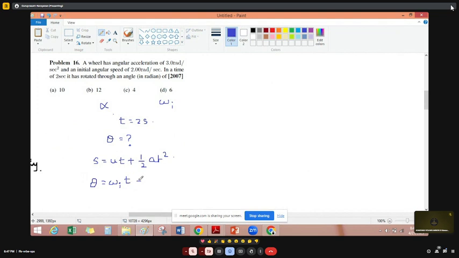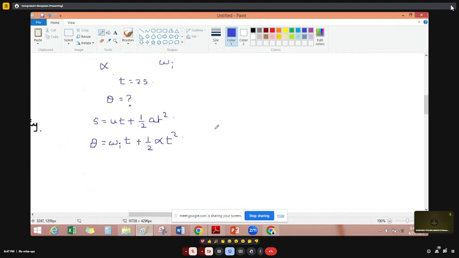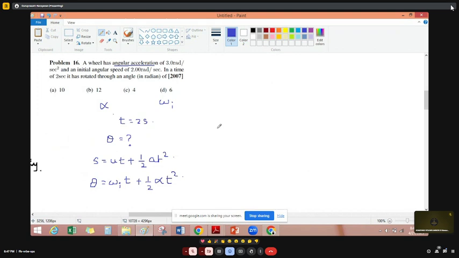Time remains the same, half. Instead of linear acceleration, it will be angular acceleration, t squared. That's all. If you get this idea, you can solve this very simply. If you don't get this idea, you cannot solve this. You will think that it is very difficult, but actually it's a very, very easy problem.